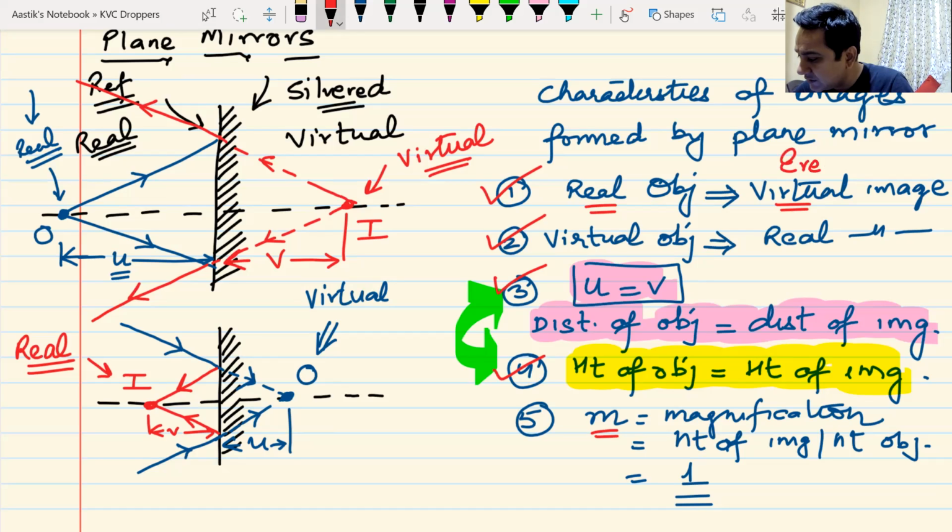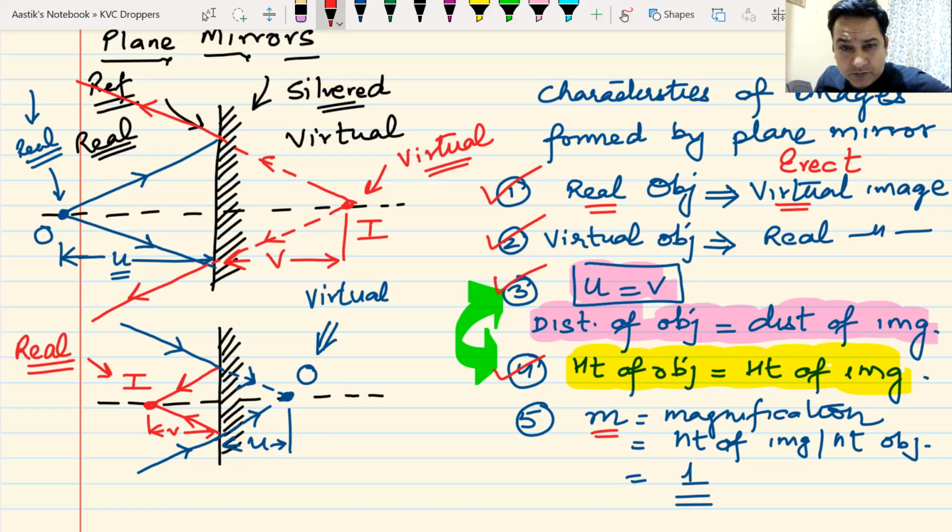Do we understand this? If the object is like this, the image will also be like this. So the virtual image is always erect. But if it was a real image, then it would be inverted. A plane mirror cannot form a real image of an object.